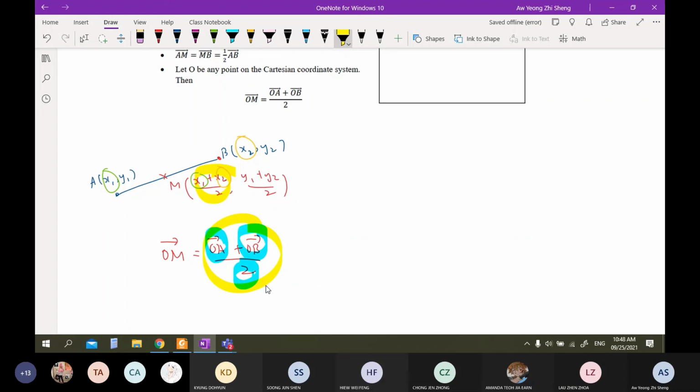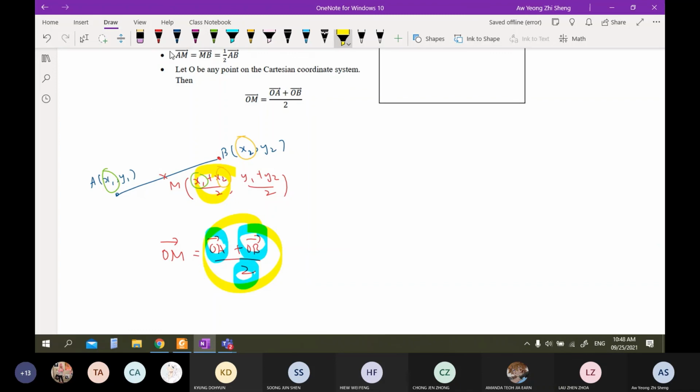So it should be very easy to memorize, where you take information from A plus information from B, then divide by 2. That is the same formula. The vector formula is more convenient and compact because you don't have to deal with x, y, z coordinates separately. The position vector itself already brings the information of the x, y, z coordinates in one go.